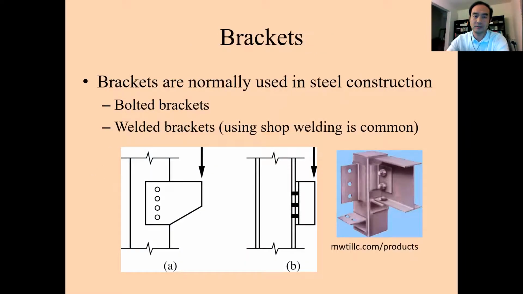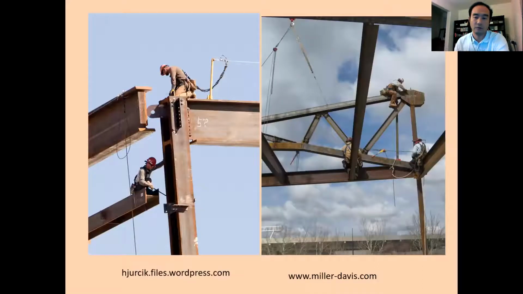So brackets is a typical kind of connector used in the steel construction, and we can use it in both bolted connections or welded connections, like bolted brackets or welded brackets, how we can attach that bracket into the bigger member through bolts or welds, right?